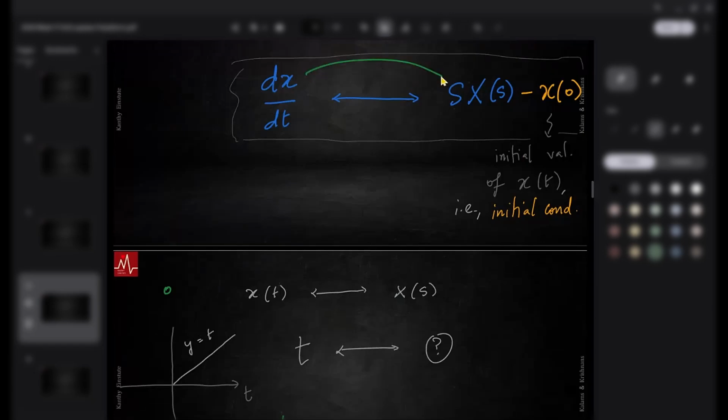The derivative transforms to s x of s. Now we are asking about t x of t. Instead of s x of s, we did t x of t. Not very surprisingly, this is the derivative of the Laplace transform, with a negative sign.